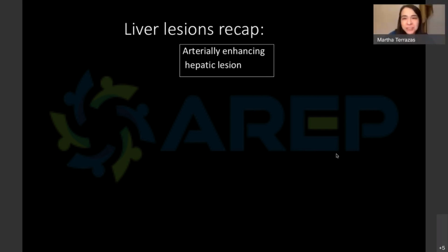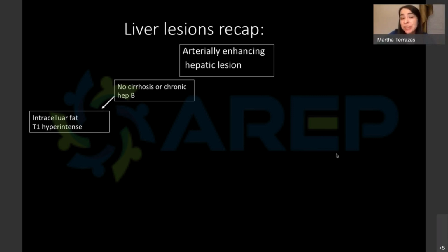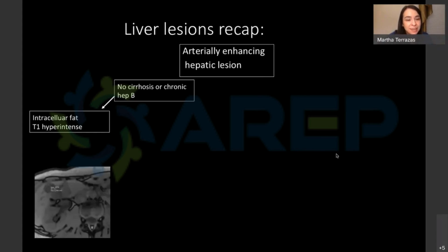So for arterially enhancing hepatic lesions, right? We want to know, does that patient have cirrhosis or chronic hepatitis B? If they don't have cirrhosis or chronic hepatitis B, does that arterially enhancing liver lesion have intracellular fat, microscopic fat, or T1 hyperintensity to suggest bleeding, like this case that we saw, right?